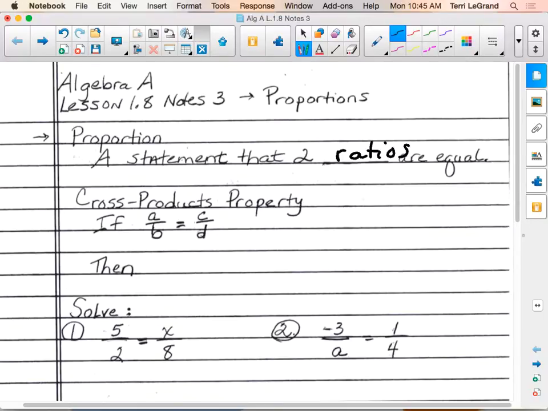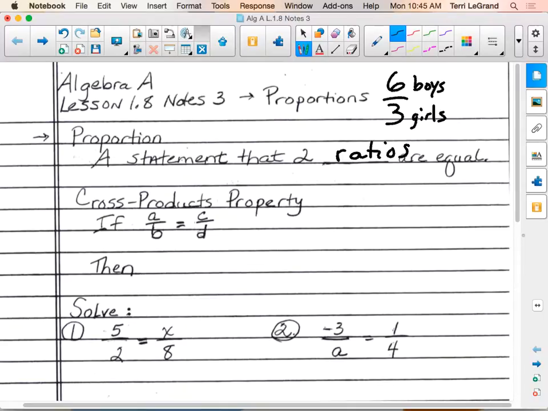If 6 boys to 3 girls is one way to write the ratio, the fraction, what's another way I could write that same fraction that would still mean the same thing? For every 6 boys, there are 3 girls.